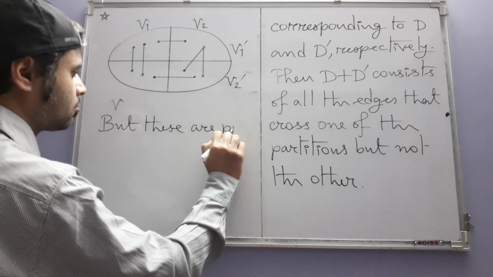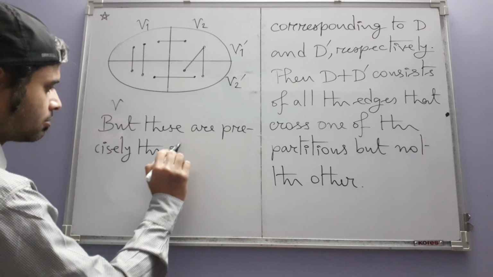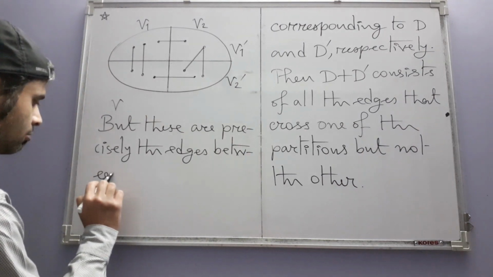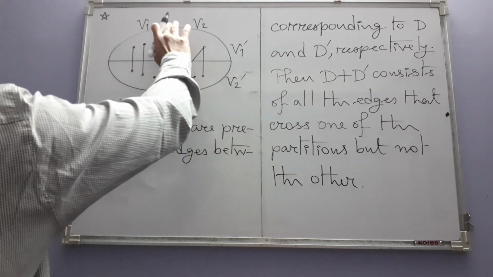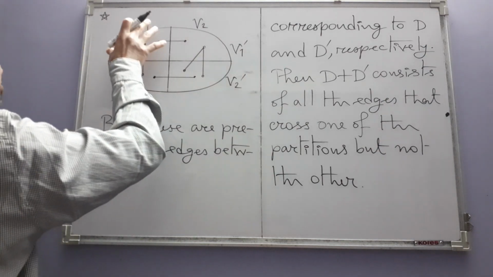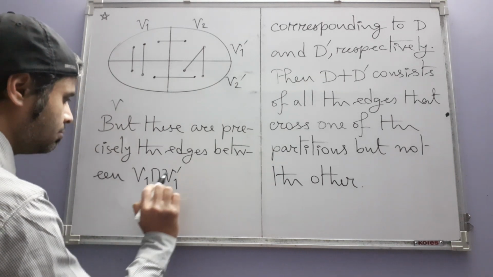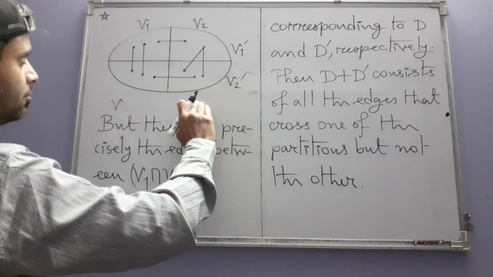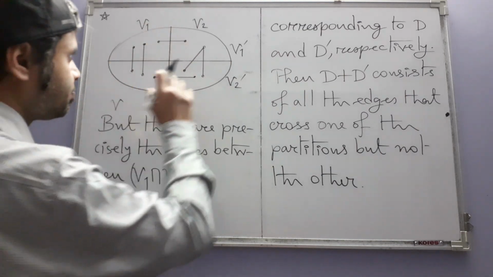These are precisely the edges between these sets: V1 intersection V1 prime union V2 intersection V2 prime, that means this means actually the common thing.